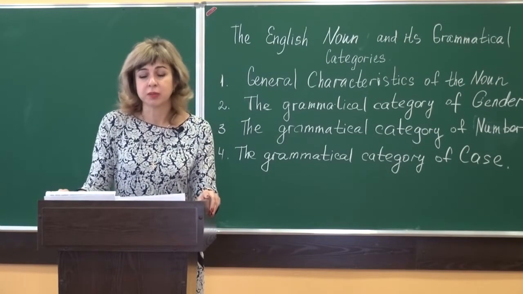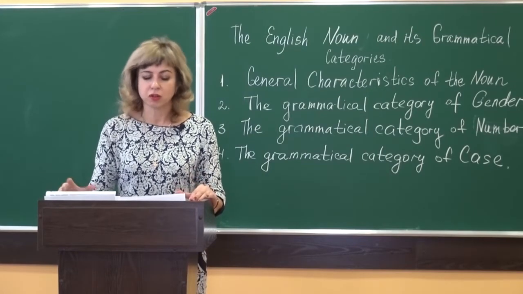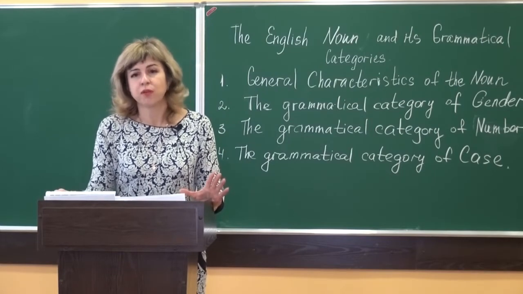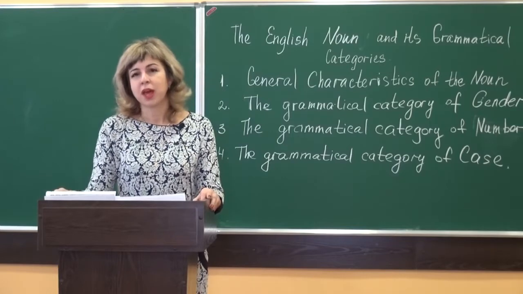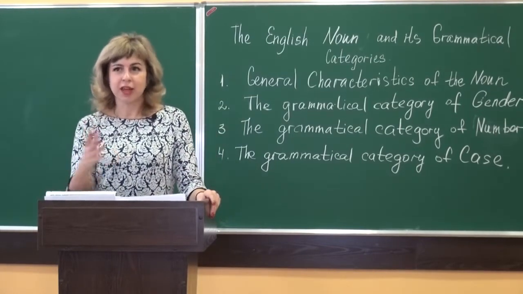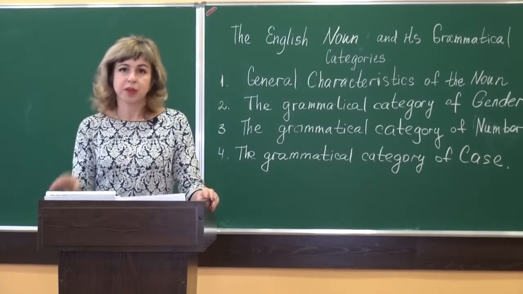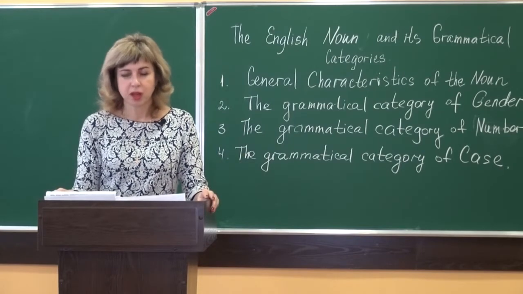As for uncountable nouns, they can be further subdivided into different subgroups. The largest two of them are the so-called singularia tantum, this is a Latin term, and pluralia tantum. The group of singularia tantum includes abstract notions like love, friendship, sorrow, and so on.